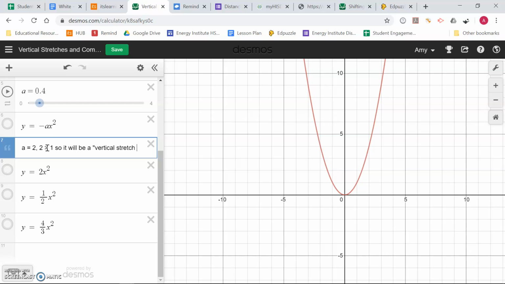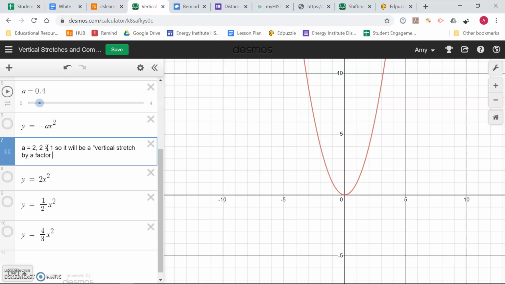And we would say it's a vertical stretch by a factor of 2. So that factor tells us just what we're multiplying by, because remember, factors are numbers that we multiply. And let's see, is that going to happen with our graph? Is it going to be stretched? And you do see that the graph that I just showed is skinnier. It is more narrow than the original graph because it has been stretched.